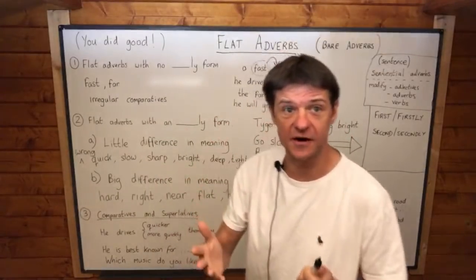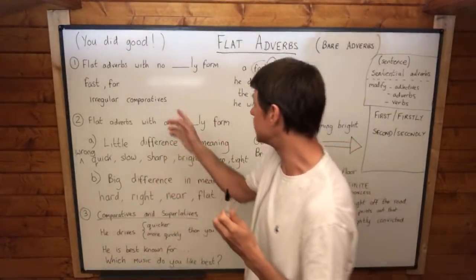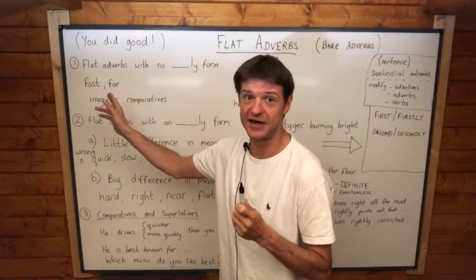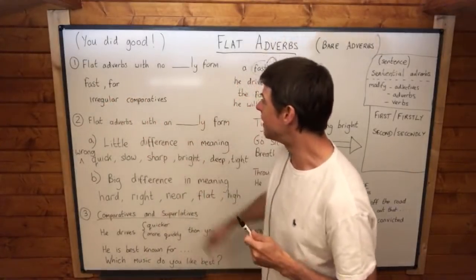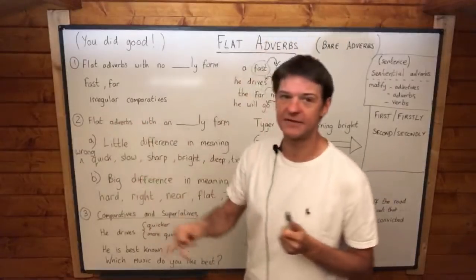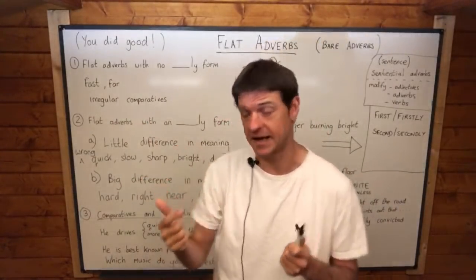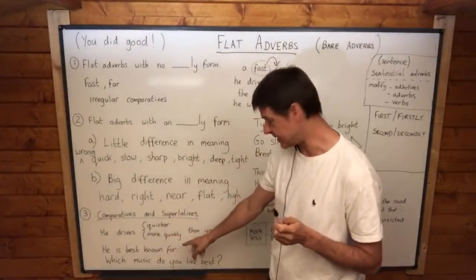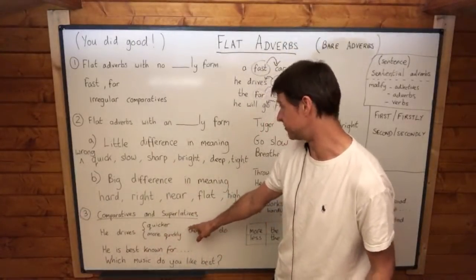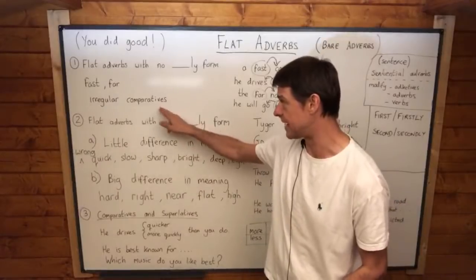You can't say fastly, you can't say farly, and there aren't that many of these that I can think of, if I'm honest. But also the irregular comparatives. Best can be an adverb, better can be an adverb, and we're going to look at those when we do comparatives and superlatives. So we will come back to that one.